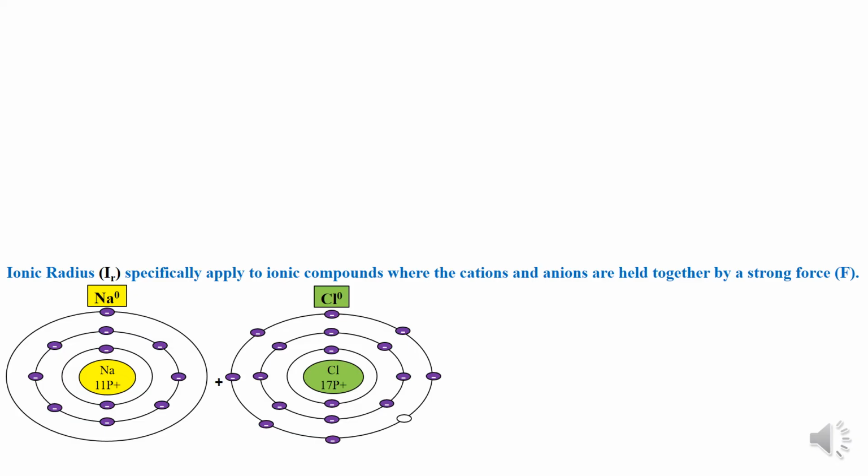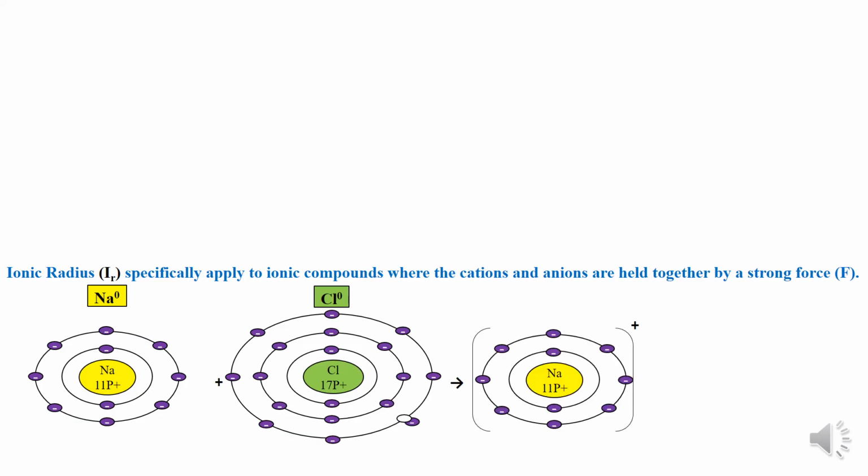Sodium, being a metal, tends to lose electrons because of low ionization energy, and chlorine, being a non-metal, tends to accept the electron given by the sodium atom because of its high electron affinity. So sodium is a metal with low ionization energy and chlorine is a non-metal with high electron affinity.